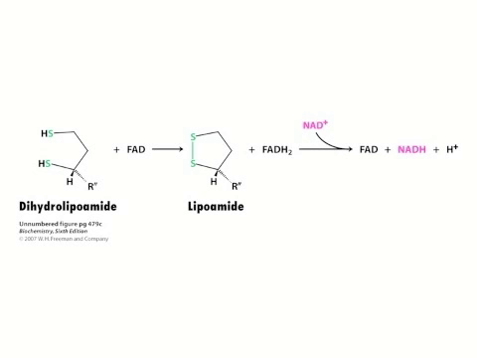And to do this, we use NAD+ as an oxidizing agent. We're going to oxidize FADH2, and in so doing, we're going to reduce NAD+ to NADH and a proton. And with this, we've restored the enzyme to its original oxidized state.